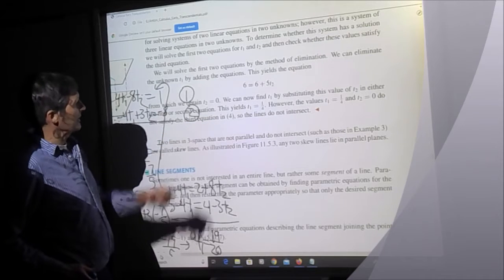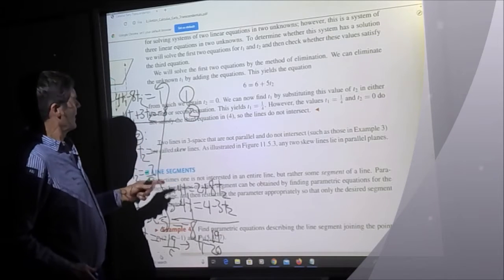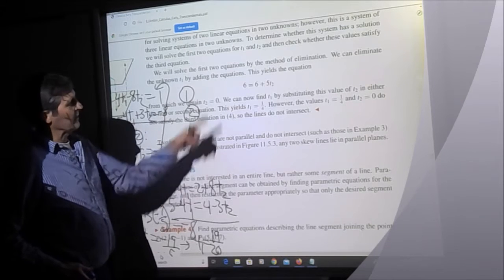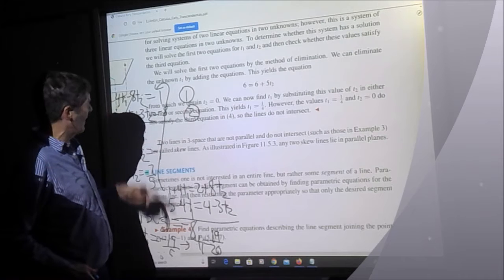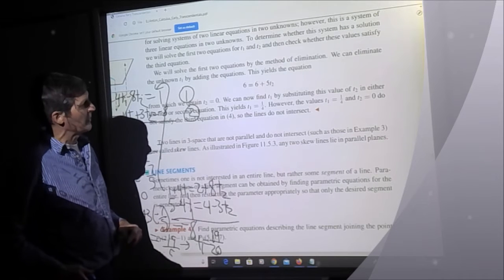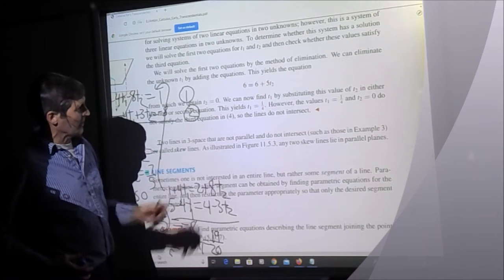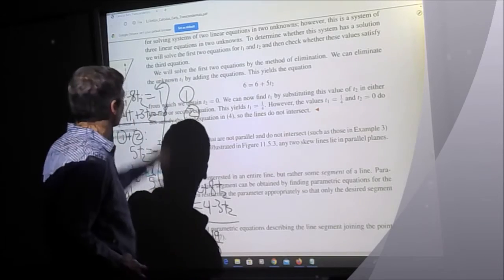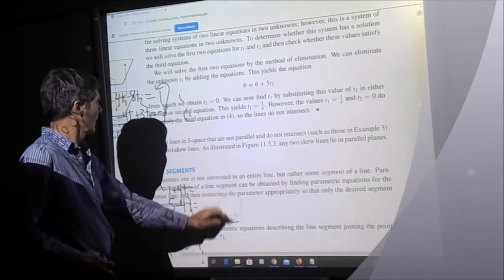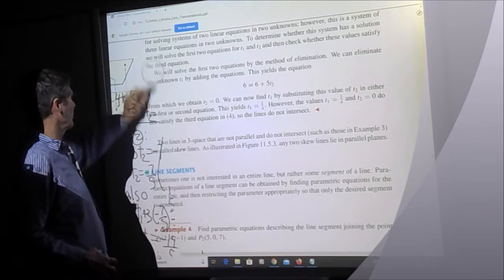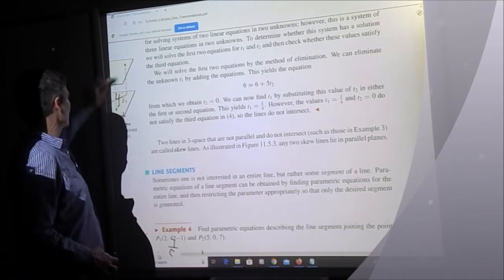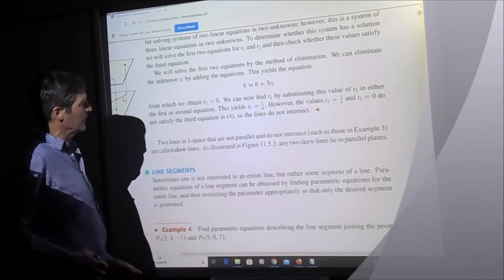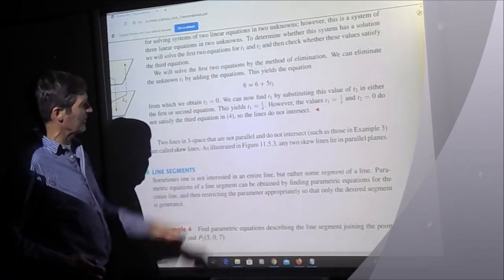Well, they did it slightly differently in here, but what you find is that when you plug these values of t into the z coordinates, where the x and y coordinates are equal, the z coordinates do not equal each other, and consequently, the lines do not intersect. So you just set the x and y coordinates equal, two equations for two unknowns. You generally get exactly one solution for t1 and t2, and you can plug in to see if the z coordinates match.